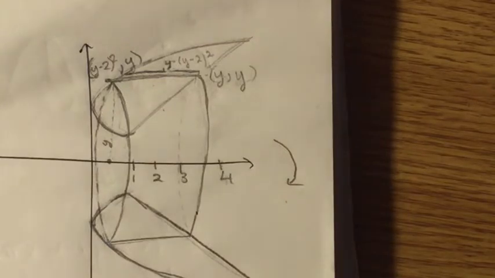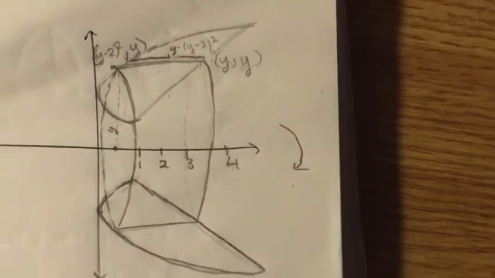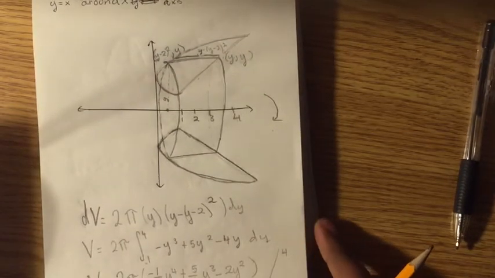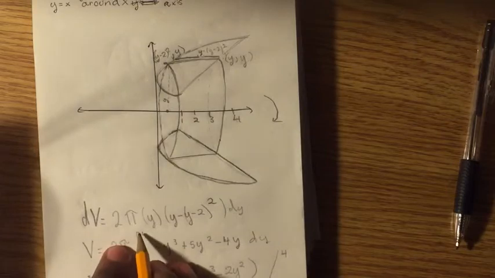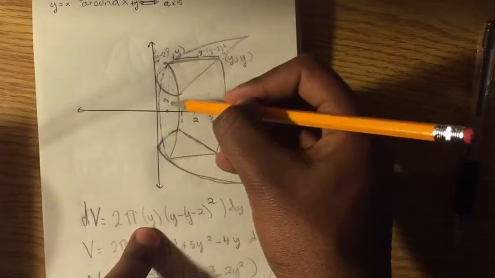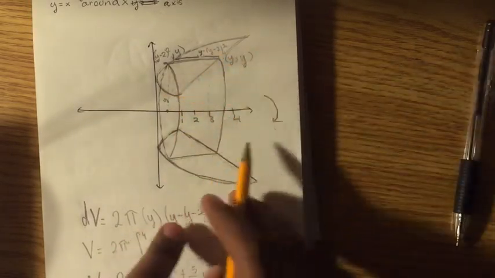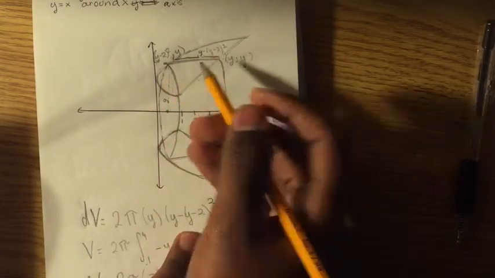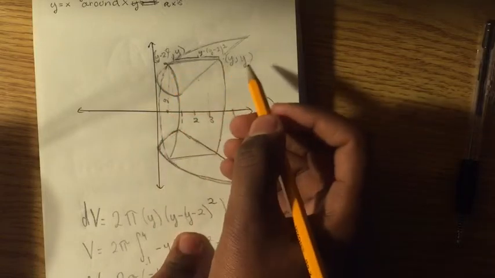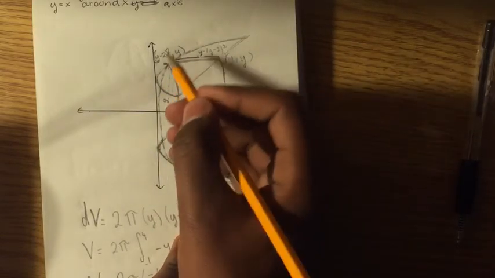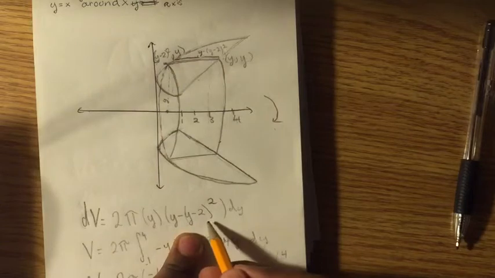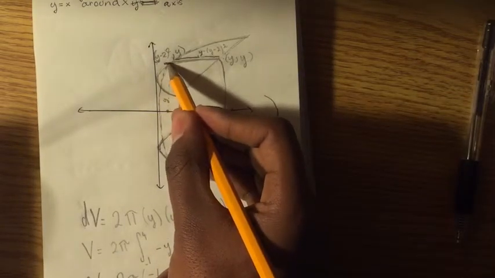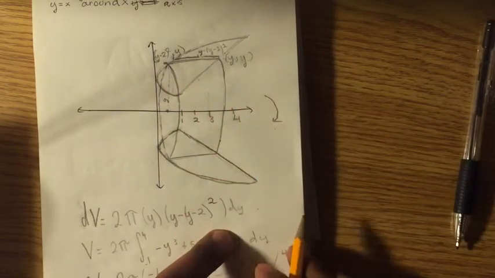Next, let's move on to the formula. Alright, so 2 pi, the radius y is right here. Then we're going to have to find the length of the height, or the width, and that's going to be this minus this, times dy, the width of the segment that we're taking.